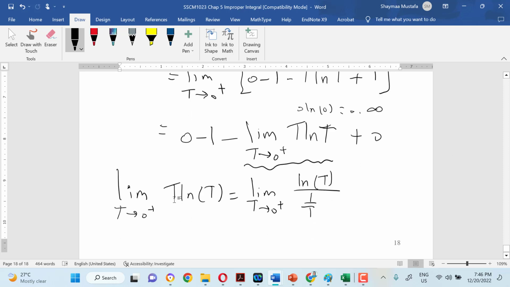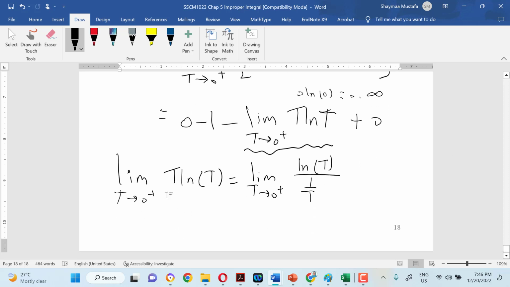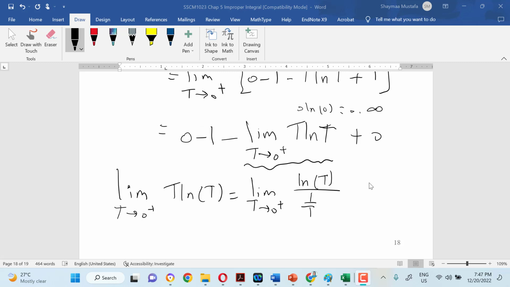T here can be written as 1 over 1 over t. Now direct substitution: ln 0 is infinity, 1 over 0 is infinity also, so infinity over infinity, and I have to apply L'Hopital's rule.